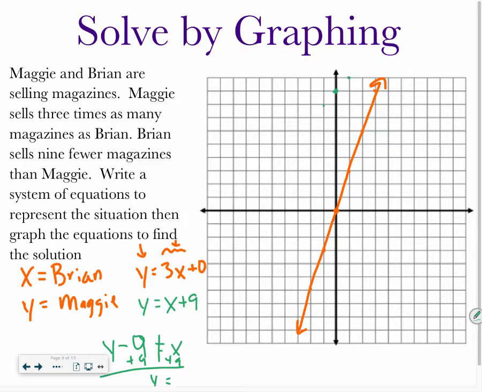So I go up to 9 and I graph that. Or if we look, this is going to be off our graph where they meet, right? So let's adjust. Let's change our scale. Instead of going by 1s, let's say that we are going by 3s.